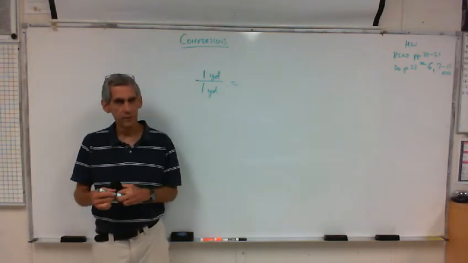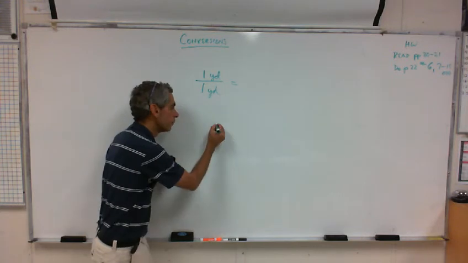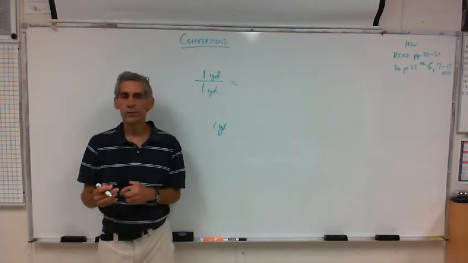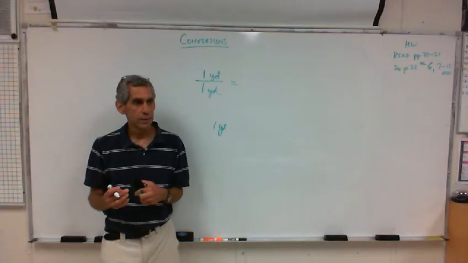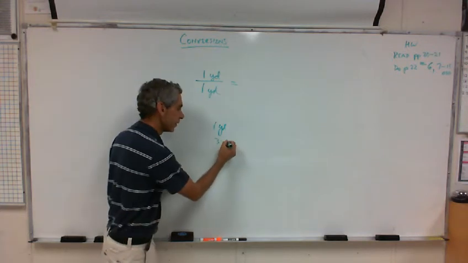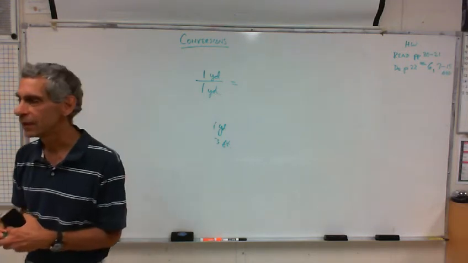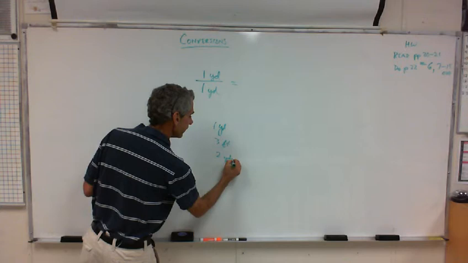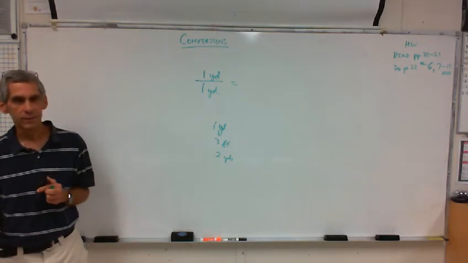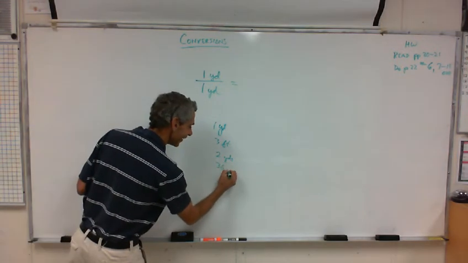What would you say I'd have? I heard 1 yard. Okay. What else? He's saying 3 feet. Okay, you guys are thinking. That's good. 2 yards. That's another idea. Any other ideas? 36 inches. Okay, that's another idea.